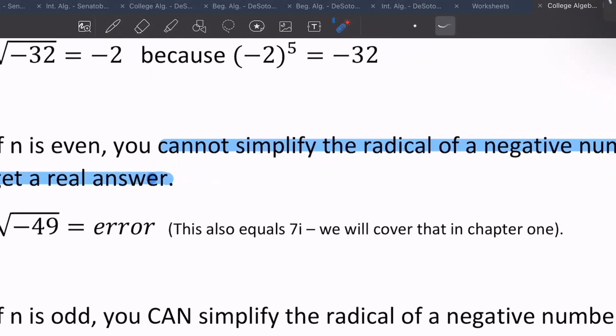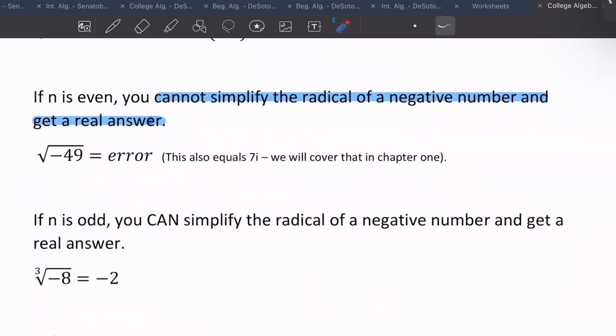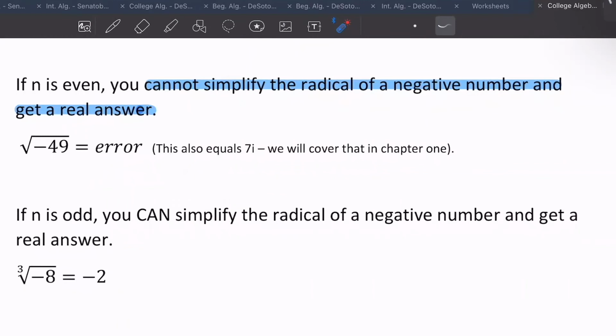So this also equals 7i, which is not a real number. It's a complex number, like I said, and we are going to cover that later on in chapter 1. So for now, you saying, hey, you're taking the even root of a number, so that is an error. That is completely valid. I agree with you on that because you do not know any better yet.